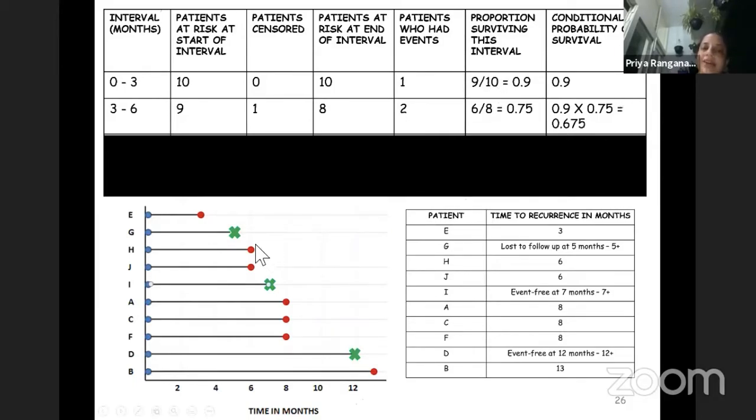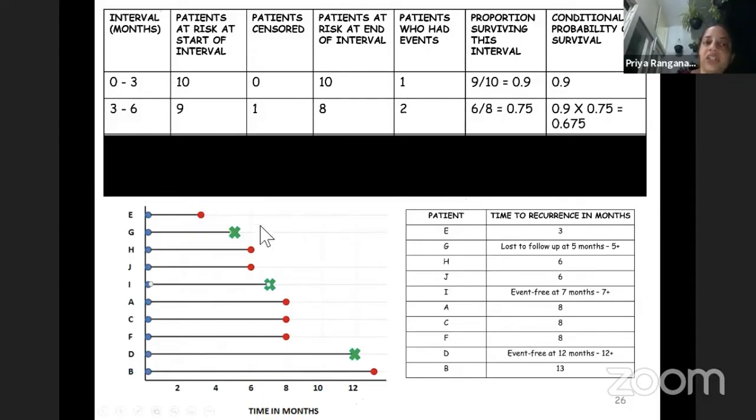The next events take place at 6 months after surgery. Please note that this censored is not taken as an event, but the next events are at 6 months. So the next time interval is 3 to 6 months. Now this person has already died, right? So he is out of the further analysis.